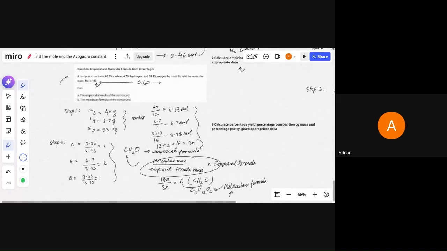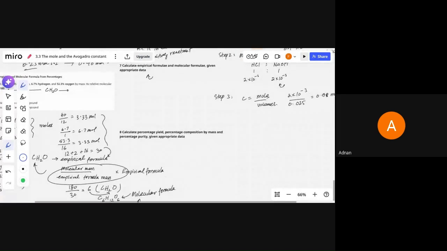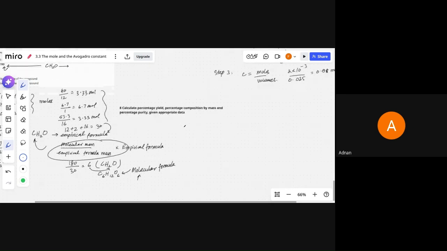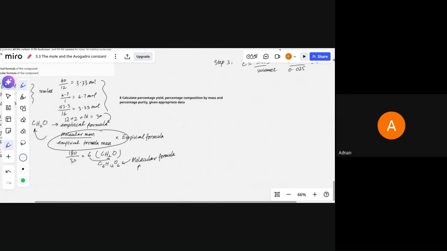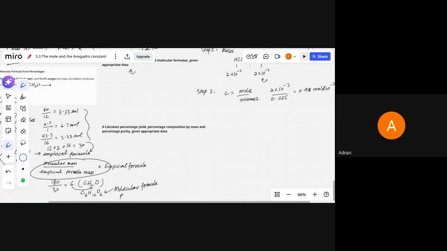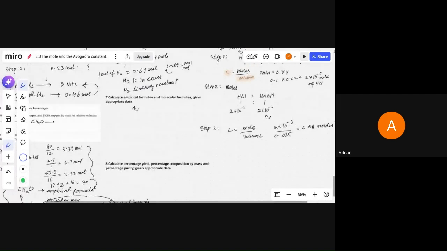Okay, so now the last topic: calculate percentage yield, percentage composition by mass, and percentage purity given appropriate data. I think this lesson is becoming a bit too long, so I must end this lesson here.